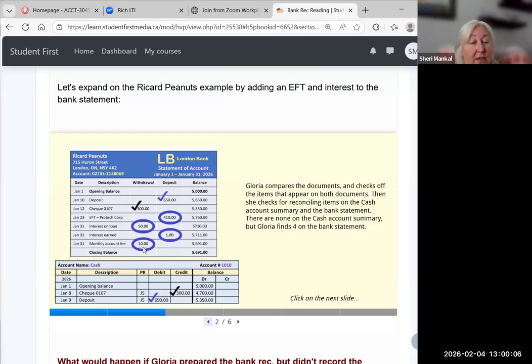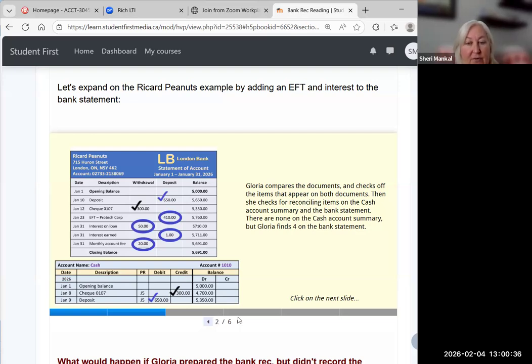If it's a withdrawal on the bank statement, we're going to subtract it from our cash account, so it's going to be a credit. So a deposit on a bank statement is going to be a debit in the cash account. We're adding that money to our balance. A withdrawal on the bank statement is going to be a credit in the cash account. We're going to subtract it from our cash account. Okay, just keep remembering that.